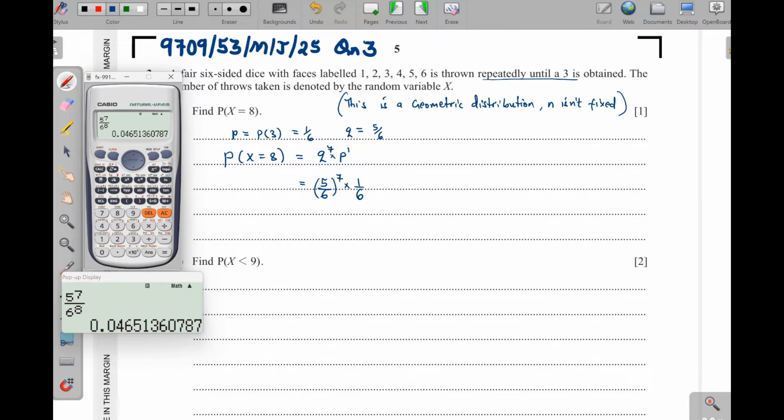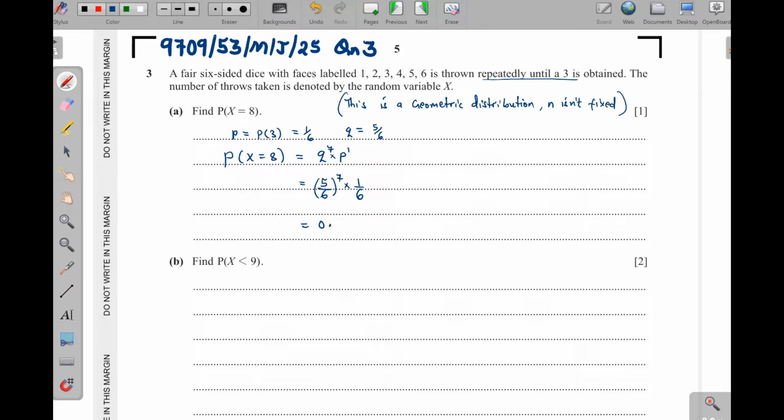And then we are going to have 0.0465 to 3 significant figures. That is that. Then part B, find the probability of x less than 9.